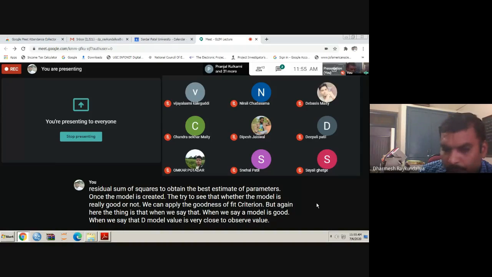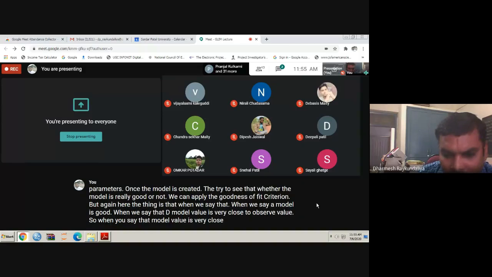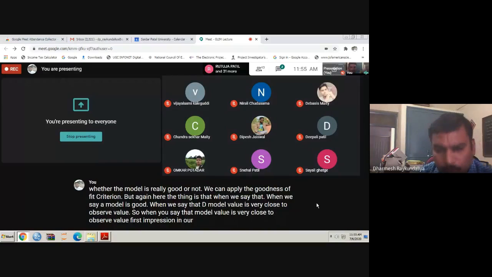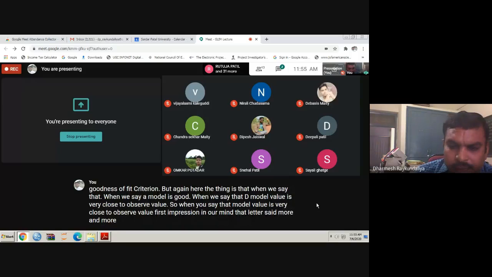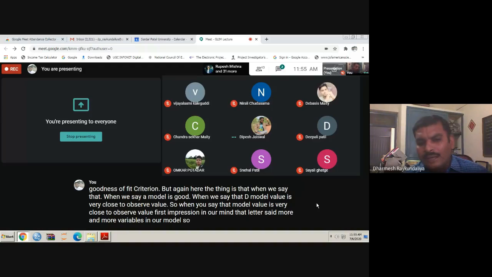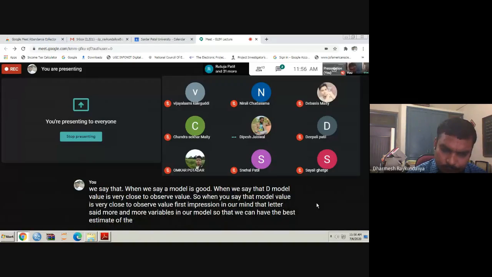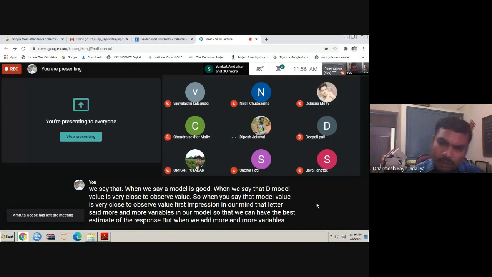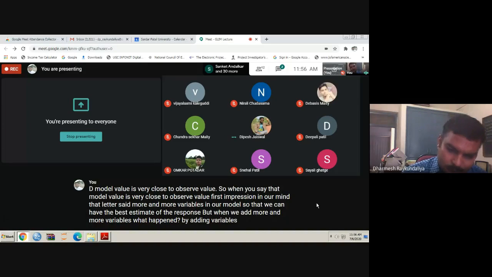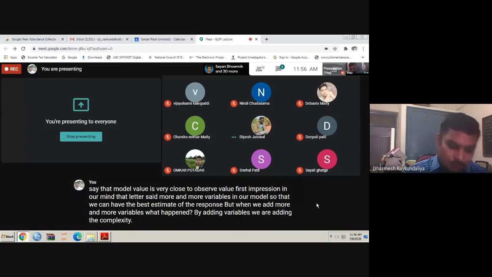When you say that, the first impression in our mind is, let us add more and more variables in our model so that we can have the best estimate of the response. But when we add more and more variables, what happens? By adding variables, we are adding complexity, and therefore models become more and more complex.